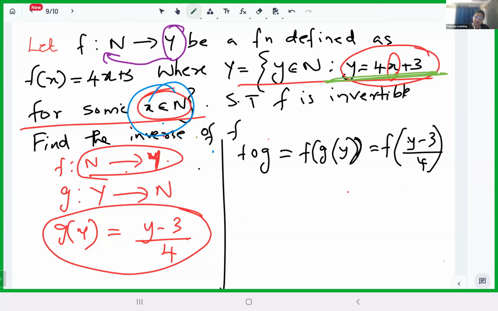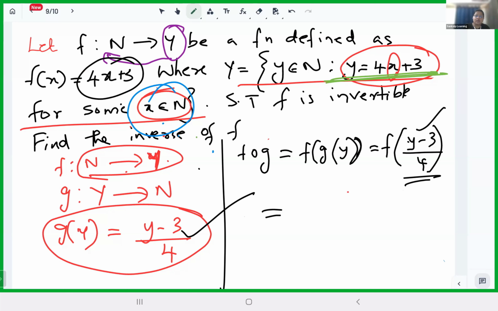So f composition g of y is f of g of y. What is g of y? It is (y minus 3) by 4. So f of (y minus 3) by 4. All right, so what is f? F is 4x plus 3. But can you put it as x? No. In place of x, it is (y minus 3) by 4.